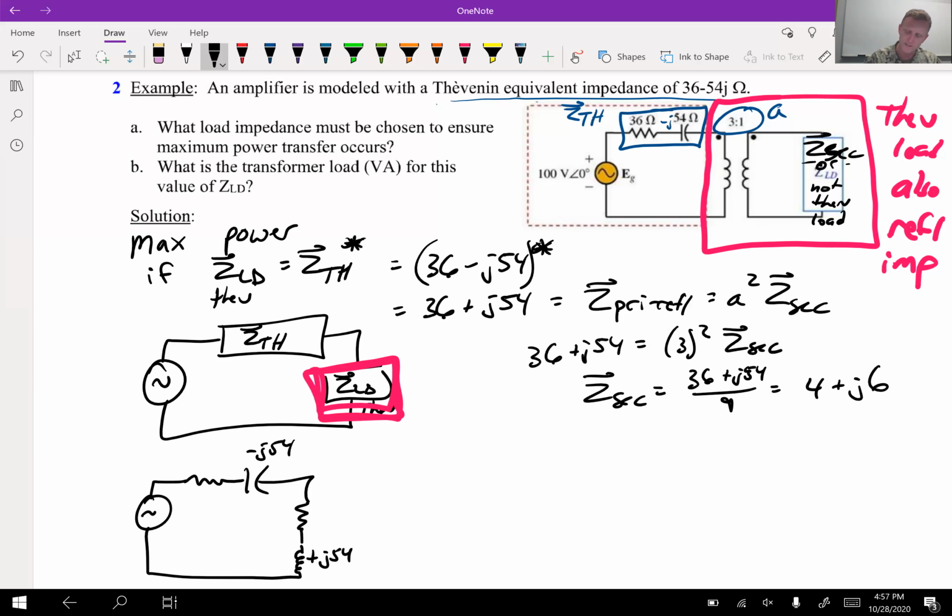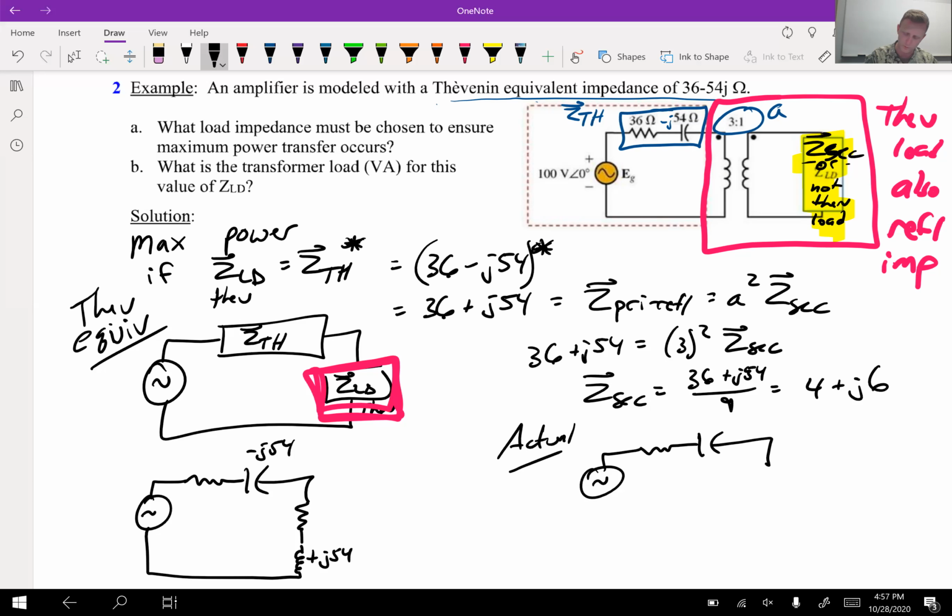And so I need to set what's inside of this yellow. I need that in order to achieve max power. So the actual circuit, if this is an equivalent circuit, this is my Thevenin equivalent on this side, my actual circuit would have a resistor, a capacitor, the transformer, and it wants a resistor and an inductor of 4 and 6 ohms.